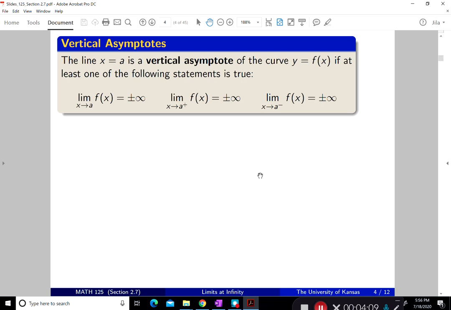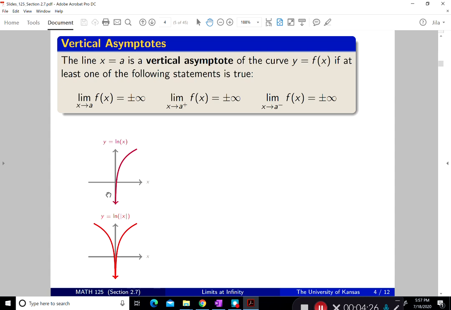So either both-sided limits are going to infinity, or a one-sided limit is going to infinity. In any of those cases, that's called the vertical asymptote.